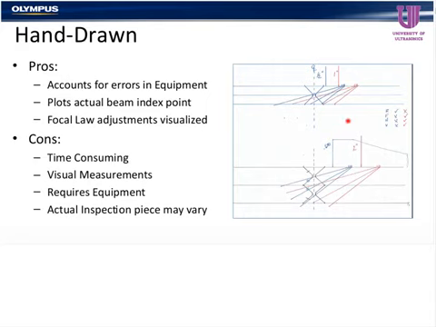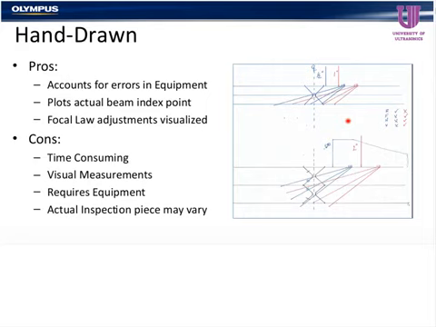So you could guess by looking at this that it's a little more time-consuming, because you're taking physical measurements and drawing it by hand. It is a little more involved there. But it also allows you to account for any errors that you have in that equipment.